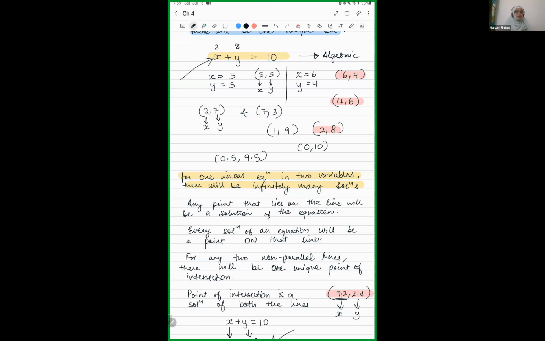So don't get confused if I say 6 comma 4 is a solution of an equation. You'll be like, wait, 6 comma 4 is a point, we can plot it on the graph. How is it a solution? It is a solution because x is 6 and y is 4.